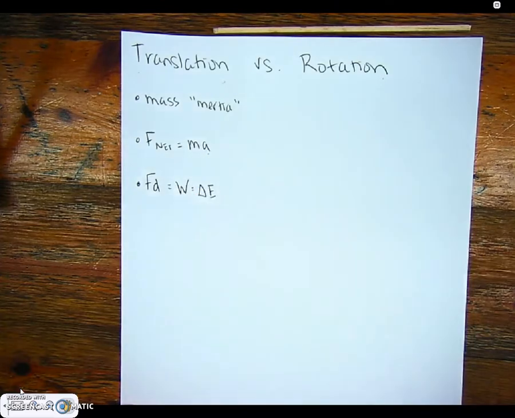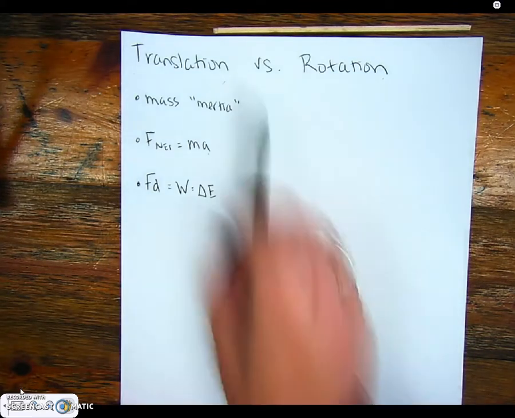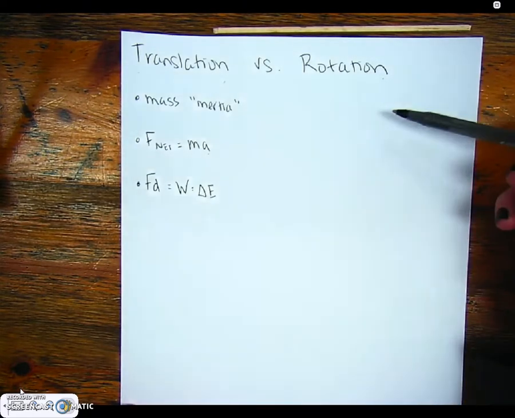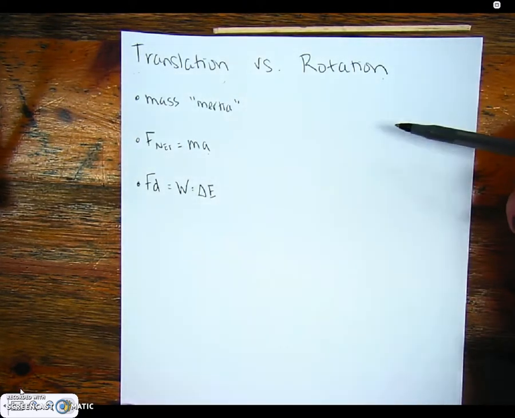I have added energy to that object, whether it's kinetic energy, increasing its velocity, or gravitational potential energy, where I have picked it up off the ground and moved it directly upwards. So these concepts are all going to apply to the idea of rotation.